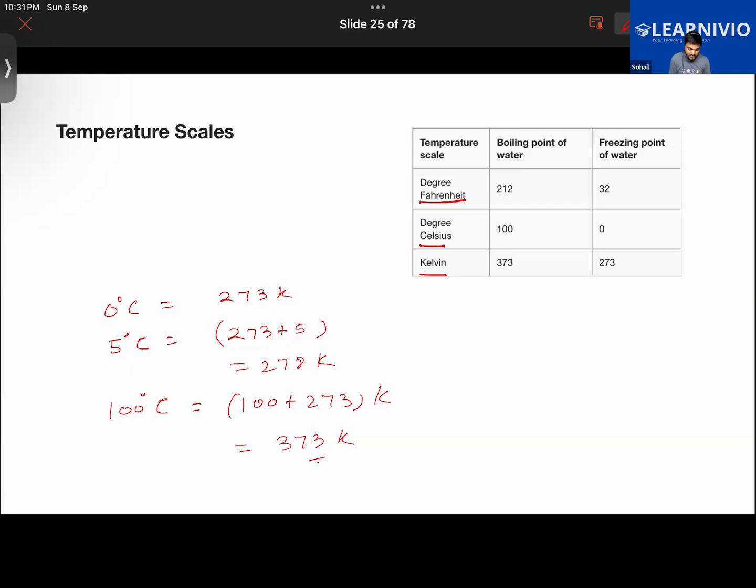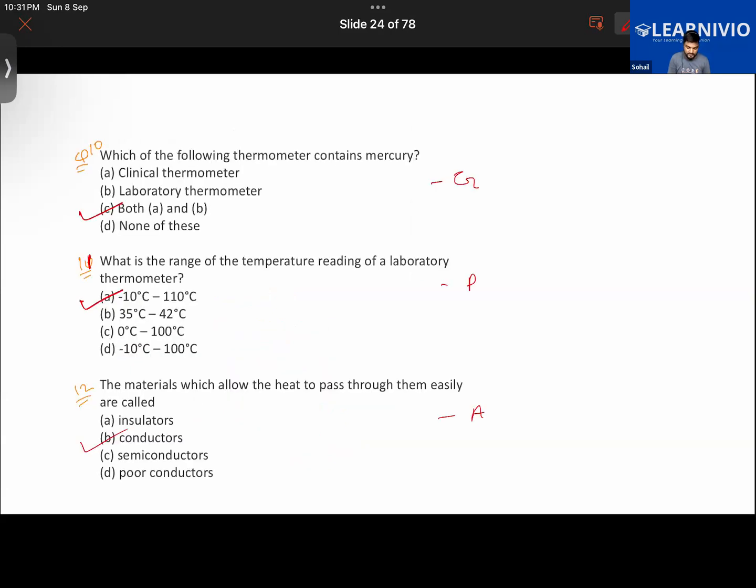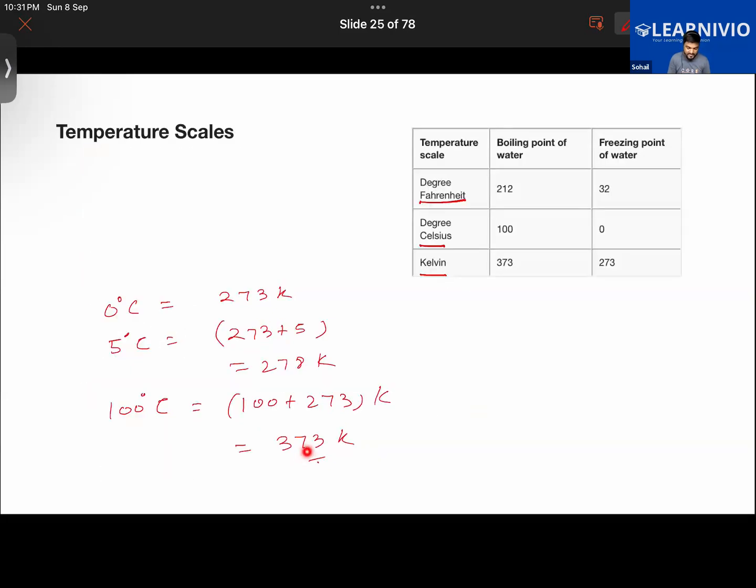That is the boiling point of water on the Kelvin scale. In Celsius this is 100 degrees Celsius, but in Kelvin, 373. Is this conversion between degrees Celsius and Kelvin clear?